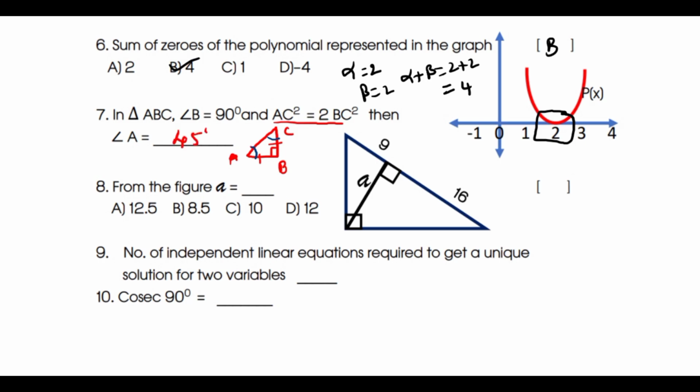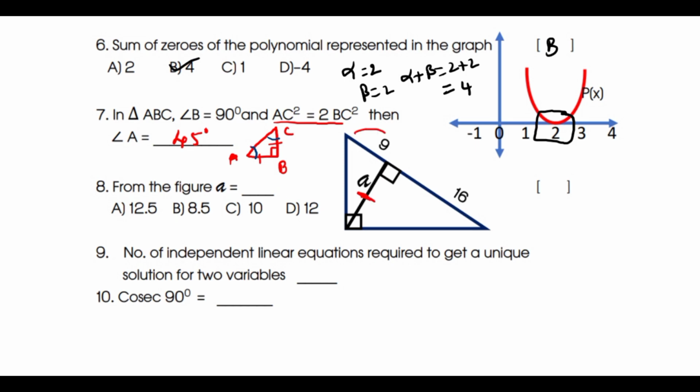Next one. From the figure, as I have discussed with you many times, in a right triangle the square of this side is equal to the product of these two.